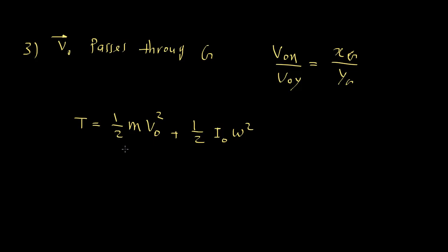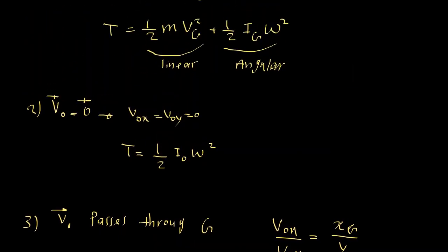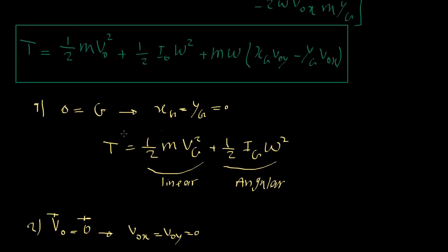It is true if and only if the velocity of point O is equal to 0. Otherwise, if we want to stick to this format for kinetic energy of a 2D rigid body, we should always consider the center of mass. We can always write down this equation for center of mass, no matter if it is stationary or not.